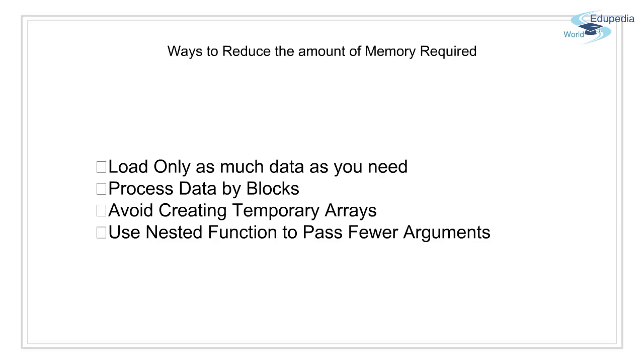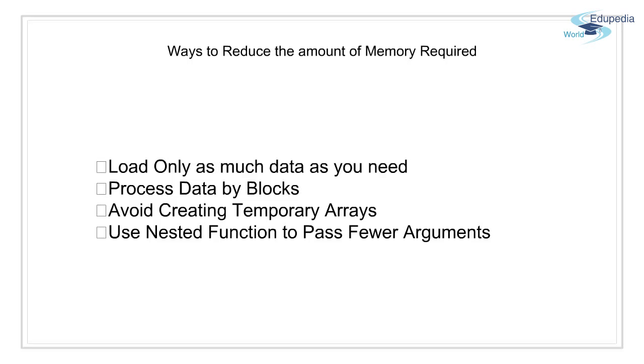The third way of reducing the amount of memory required is to try to avoid creating temporary arrays. Even if you need them, make it a habit to clear them after use. There are also numerous ways MATLAB allows you to work without creating a temporary array.